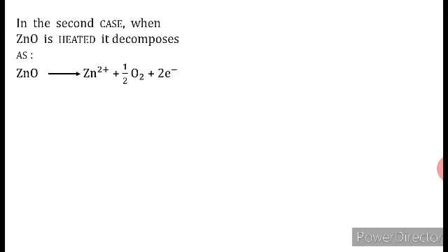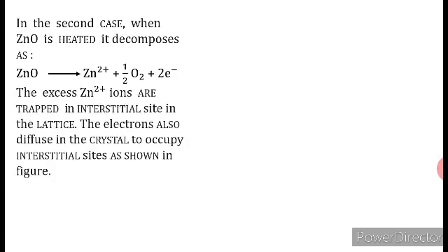Zinc oxide on heating decomposes into Zn2+ ion, half O2 and 2 electrons. This excess Zn2+ ion is trapped in an interstitial site in the crystal lattice, and the electrons also diffuse in the crystal and occupy interstitial sites.